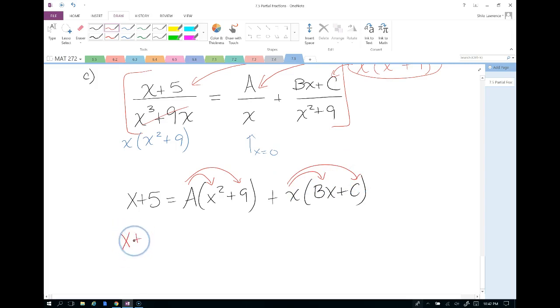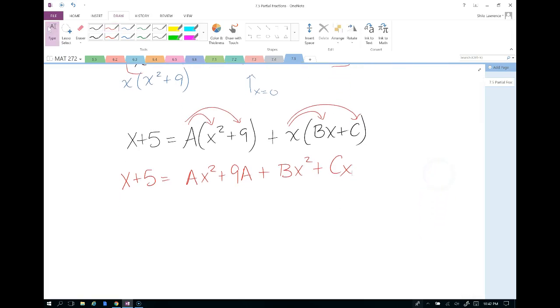So I've got x plus 5 equals ax squared plus 9a plus bx squared plus cx. What I'm going to do is compare terms on the left side of the equation and on the right side of the equation.